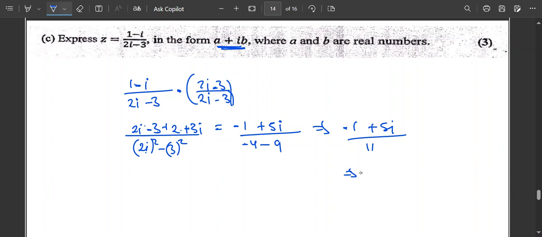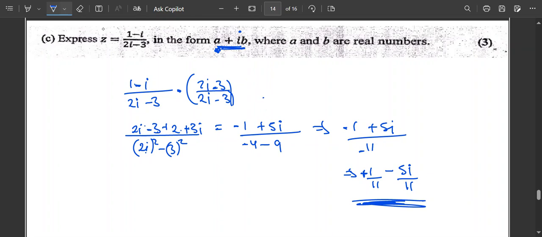So from there we can say negative 1 over 11, then again, by the way, it's negative, so it will be positive now, so it will be plus 5i over 11, like that. So this is the form that they wanted, where i is the imaginary part and the other is just the constant number. So that's how we are supposed to solve this one.